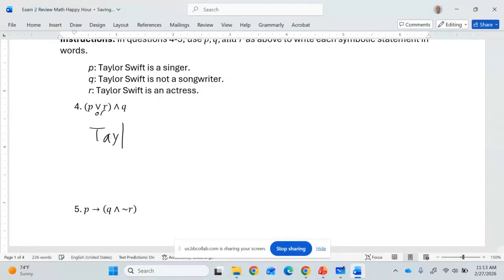So I could say Taylor Swift is a singer. That's P. Or, that V symbol is the or. And then R. And then I could just make a contraction. And since I already put Taylor Swift, I could just say or an actress.